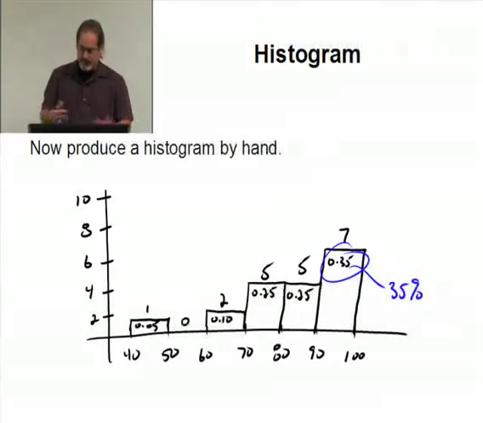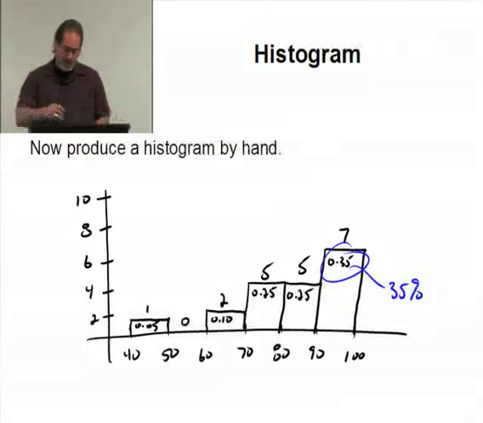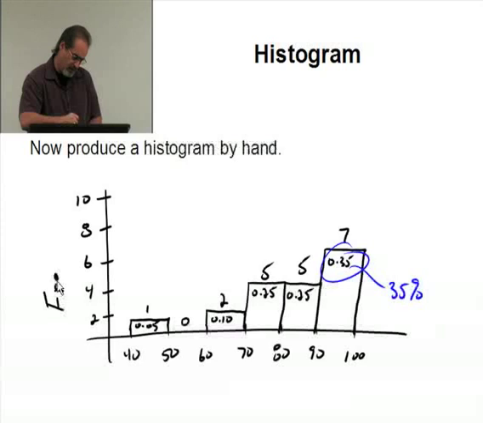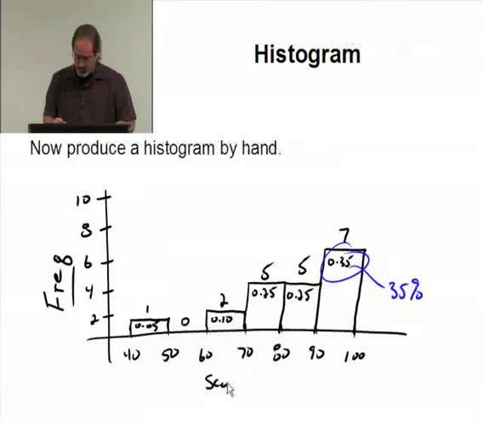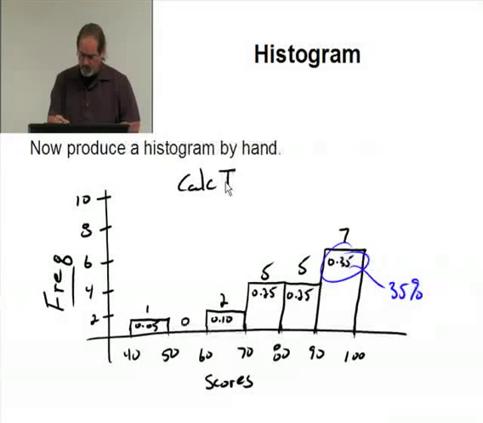Now, what do I need to do to wrap this particular graph up? Well, I need to tell my reader what this is. These are frequencies, so there's no doubt here. This is actually the scores. And what is this about? Well, how about calculus 1? Let's pretend it's from exam 2.